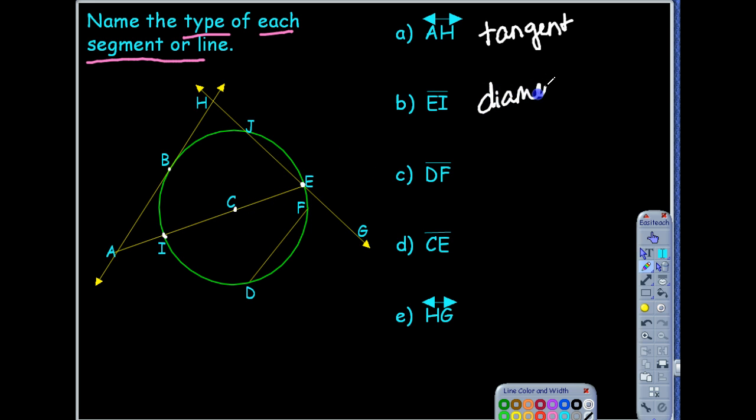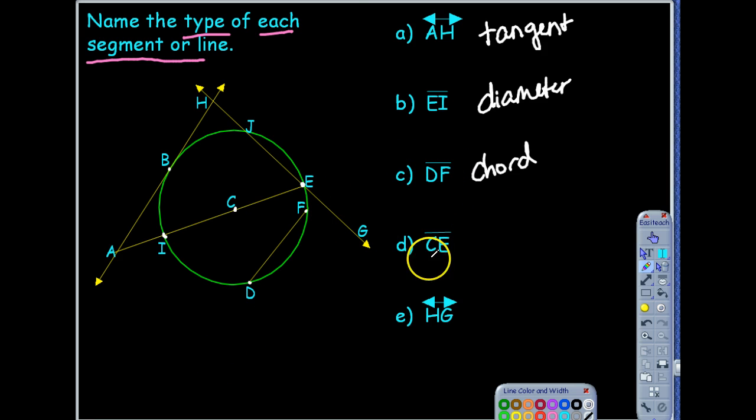What about segment DF? That would be just a chord, because it has 2 endpoints. Technically, because it intersects a circle at 2 points, you could say that's a secant, but because we're talking about a segment, we're going to be as specific as possible, so it's a chord. If it said line DF, it would be different.